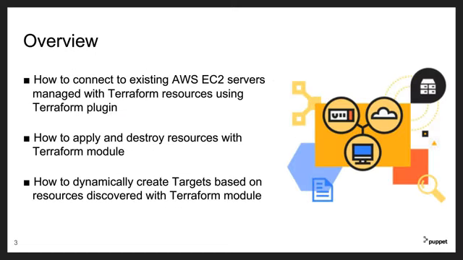So specifically, we're going to go over how to discover EC2 instances running in AWS using the Terraform plugin. This will give us a sense of the concept of inventory in Bolt and how we can dynamically discover targets. We'll go over how to use Bolt to trigger Terraform runs within a plan, and we'll also go in depth a little bit into the task plan interface available within the Terraform module.